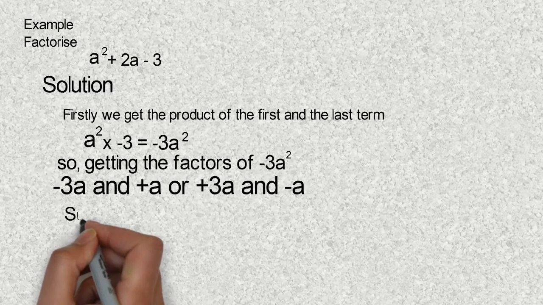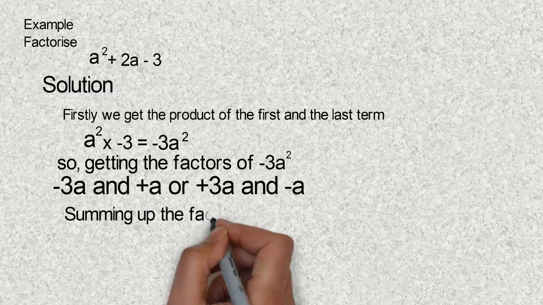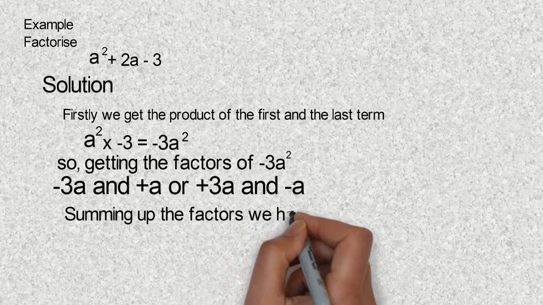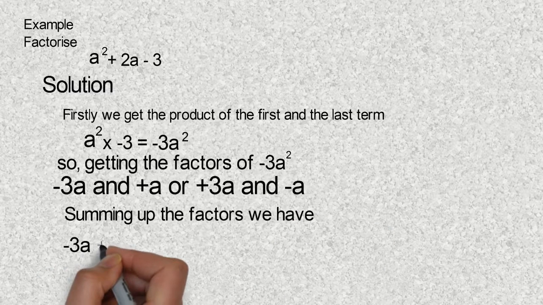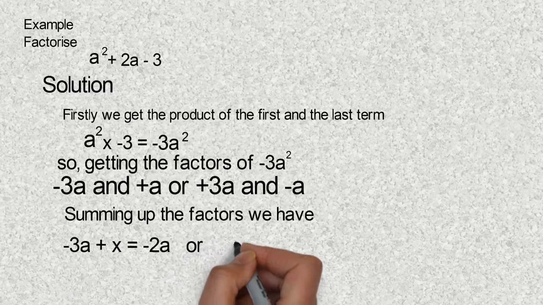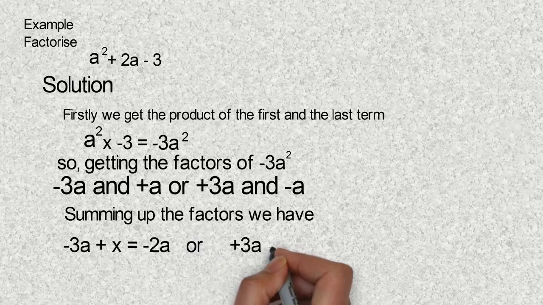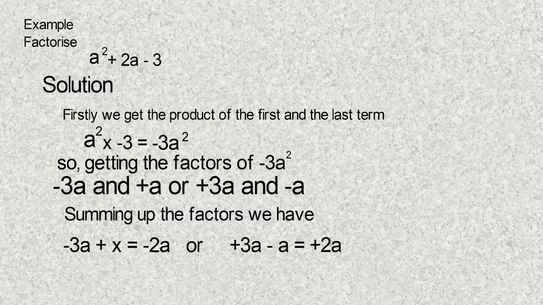So those are the two sets of factors we have gotten there. So what do we do? We sum up the factors. The first one, minus 3a plus a, will give me what? Minus 2a. Or the second one, which is plus 3a minus a, will give me what? Plus 2a.